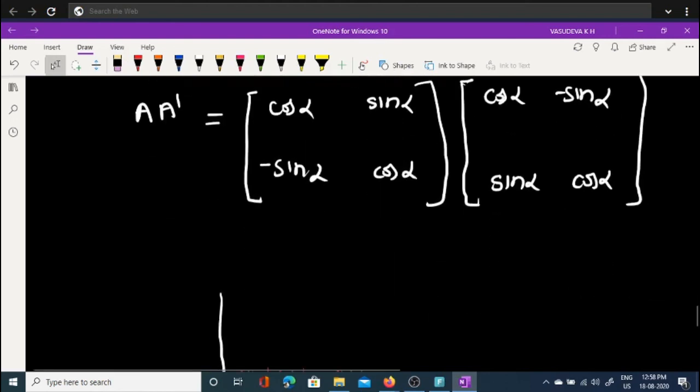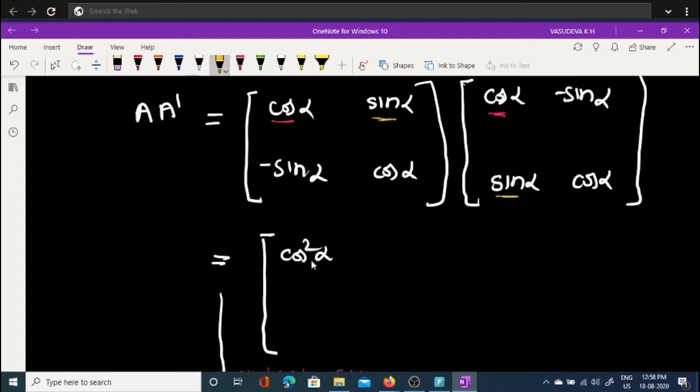So now take this matrix. Multiplying cos alpha with cos alpha, we have cos square alpha, and multiplying sin alpha with sin alpha, we have plus sin square alpha.